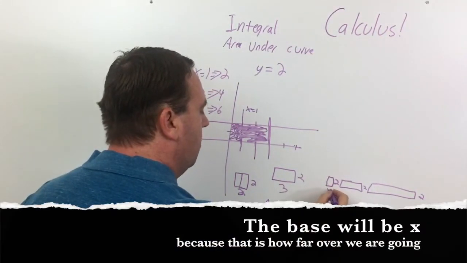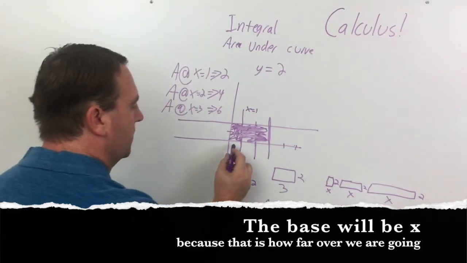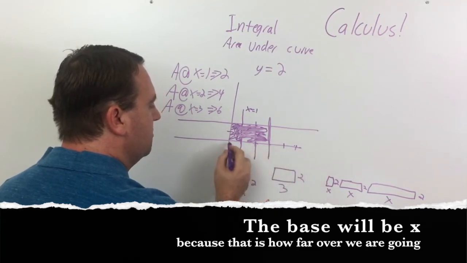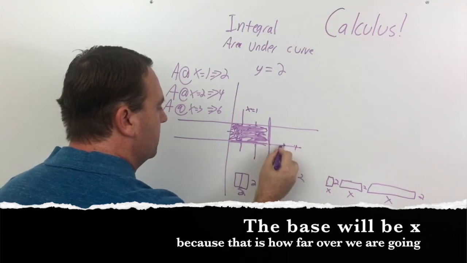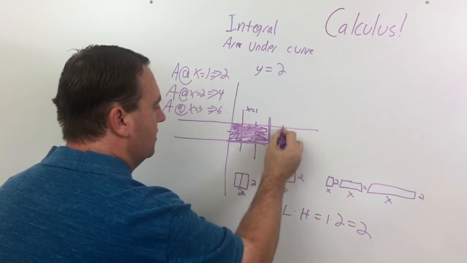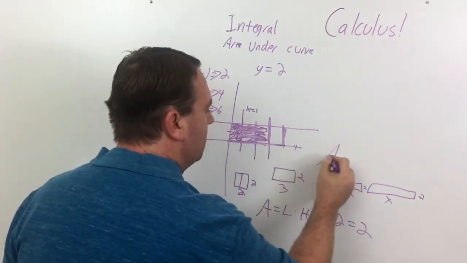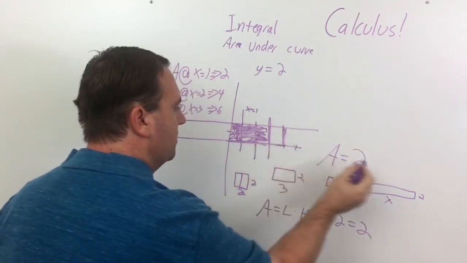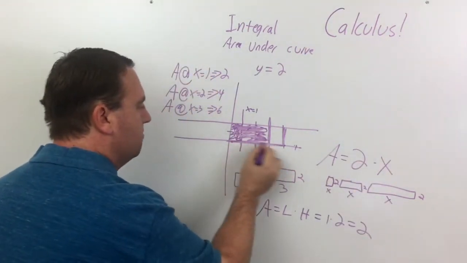The base is always going to be whatever our x value is. Okay? So no matter what the x value is, that's going to be the length of this bottom side. So if x is 4, then the length of this bottom side is 4, and the height is still 2. Okay? So the area will always be equal to 2, because that's the height, times x, because that's the bottom base.